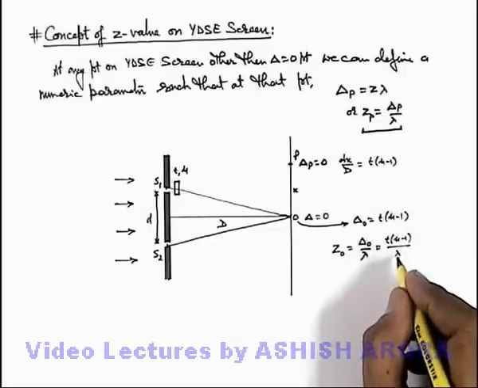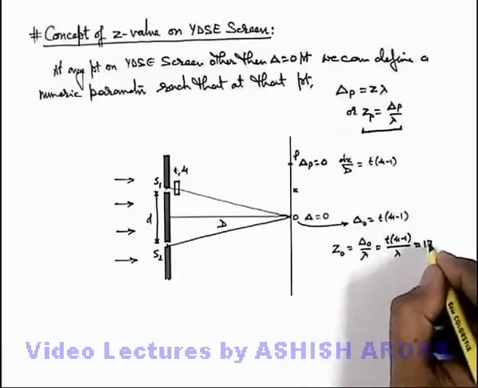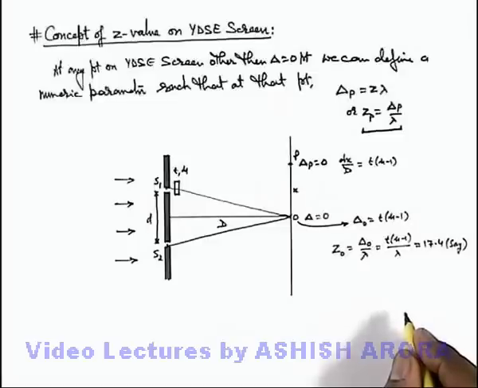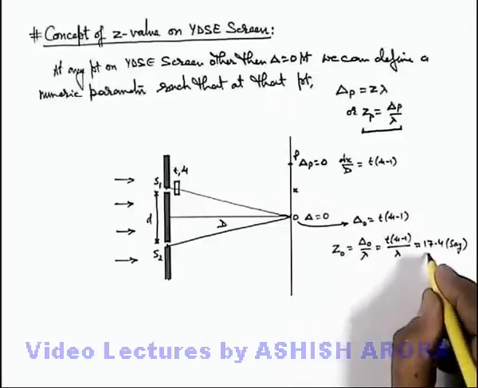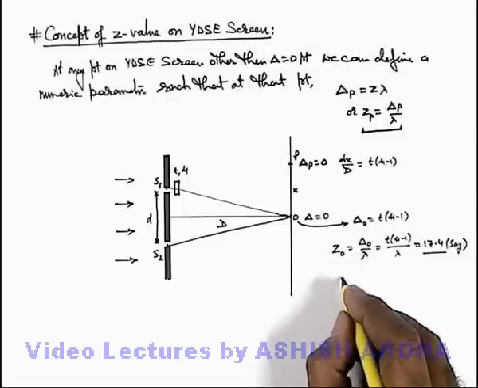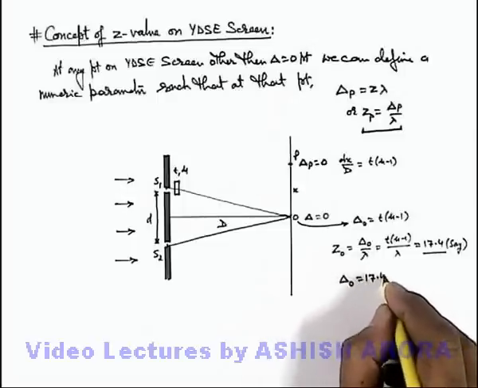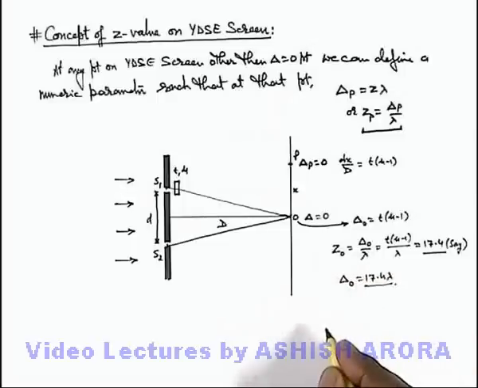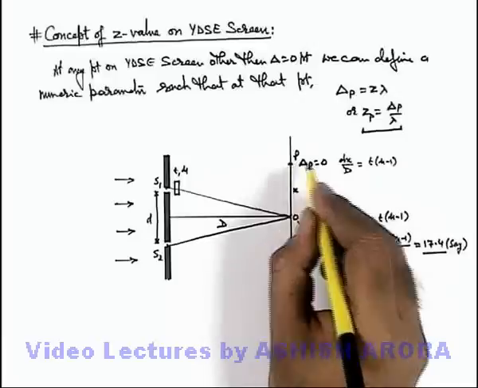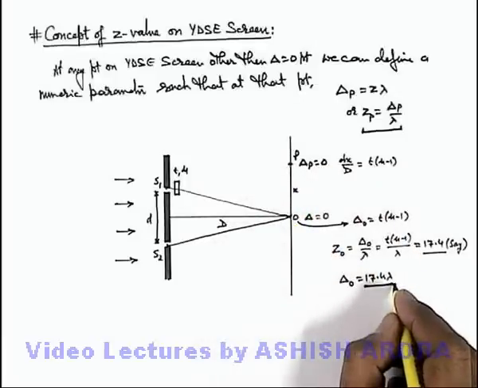And on calculating this, say for example the value I am getting is 17.4, just for explanation. If this value is 17.4, then we can write that the path difference at point O is 17.4 lambda. Now this is the point where path difference is 0, and this is the point where path difference is 17.4 lambda.